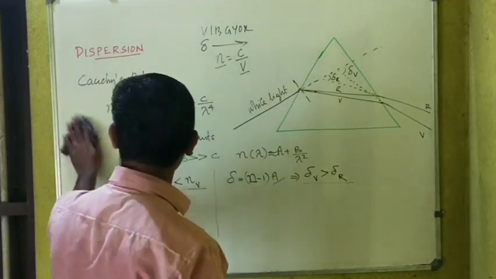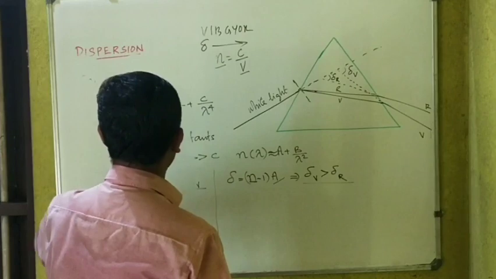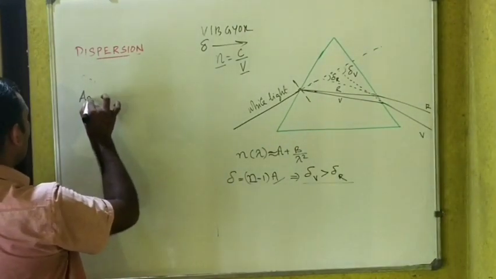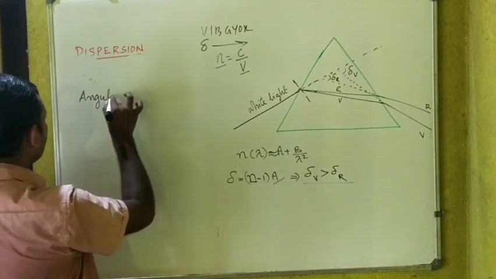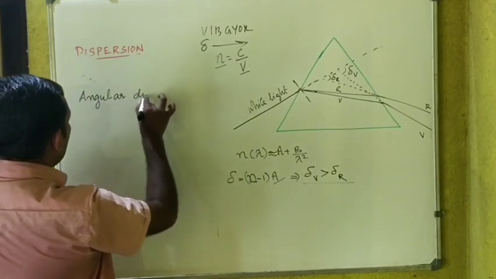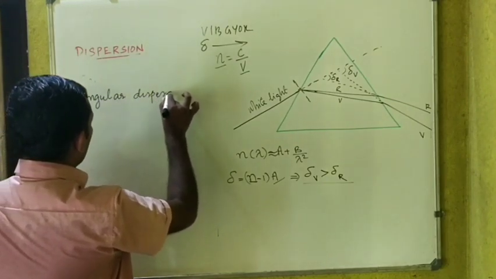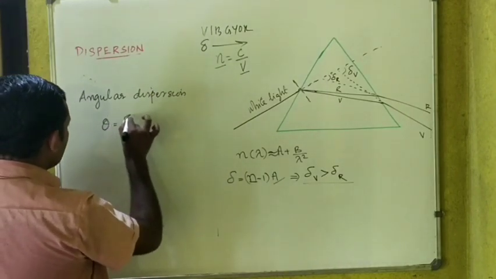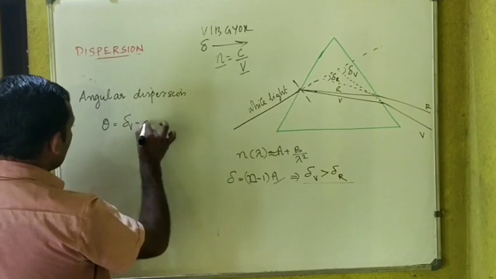Now, this is a very important relation, let me tell you. I am going to discuss what is called angular dispersion. Angular dispersion, theta, is the difference in the deviations of violet and red.